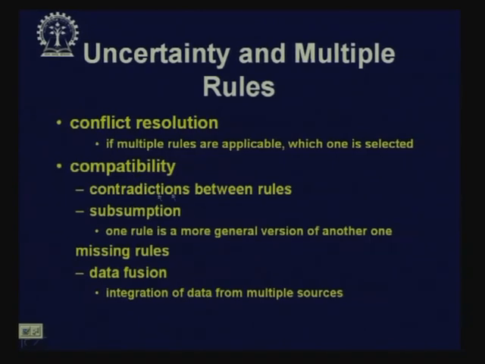There is also the compatibility, the contradiction between rules, the subsumption, where one rule may be a more general version than another one, and there may be missing rules. When we collect data from multiple sources of different reliability, the reliability of the ultimate fused data set will not be the same.